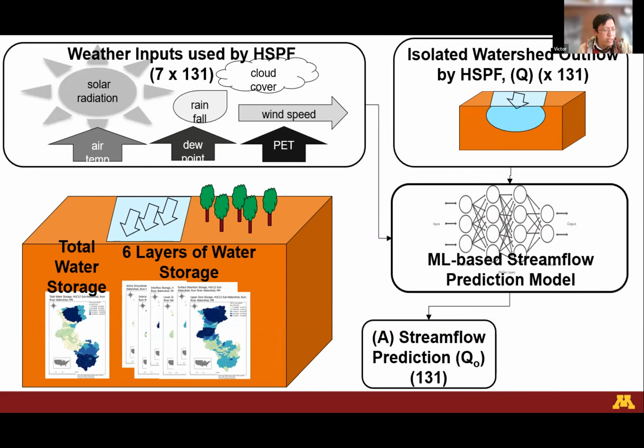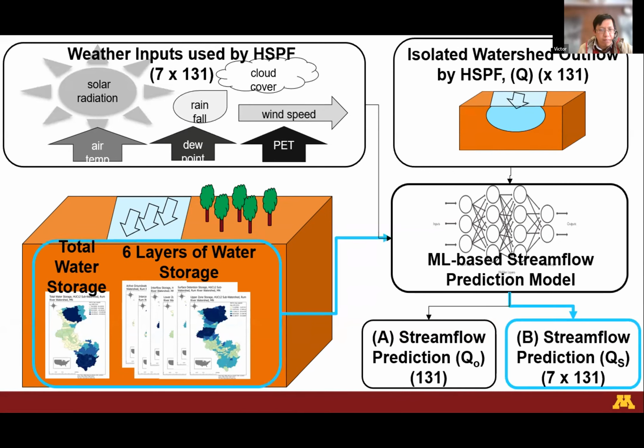In the control group of the second part, I will simulate the local stream flow with the 7 variables at each of the sub-watersheds, 131 watersheds within the Rhone River watershed. And in my experimental group, I will simulate the 131 local stream flows with both the weather input and the local water storage that has been downscaled.